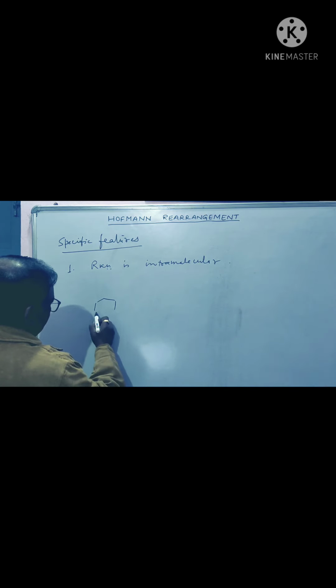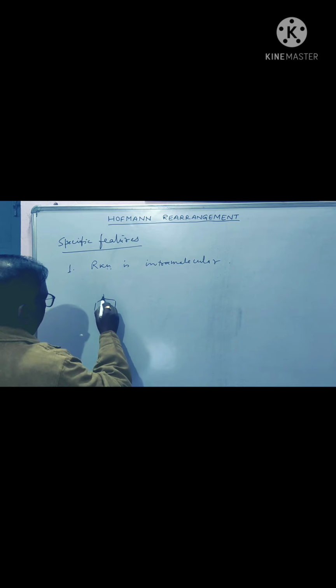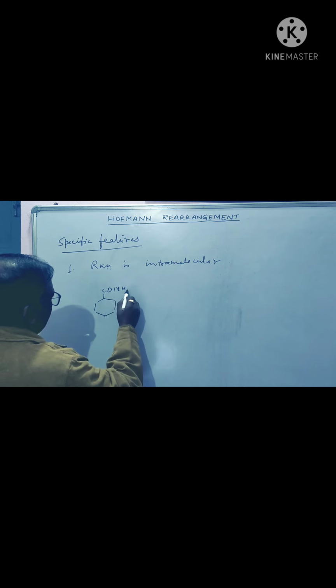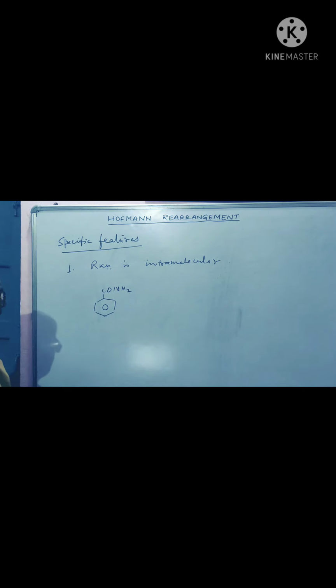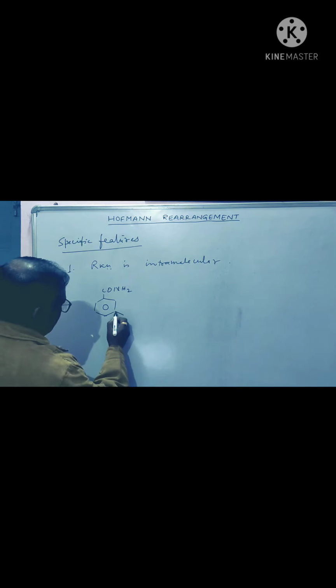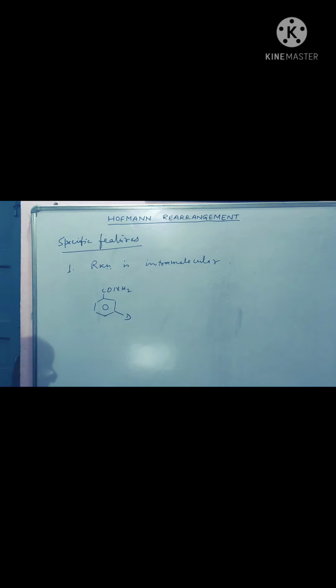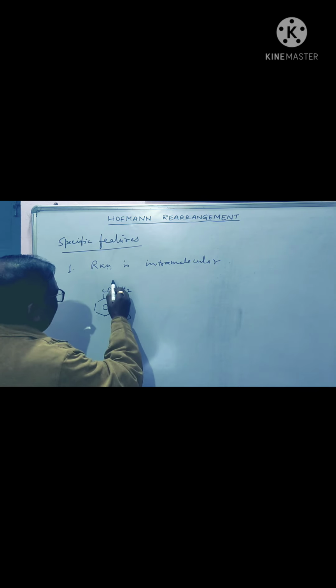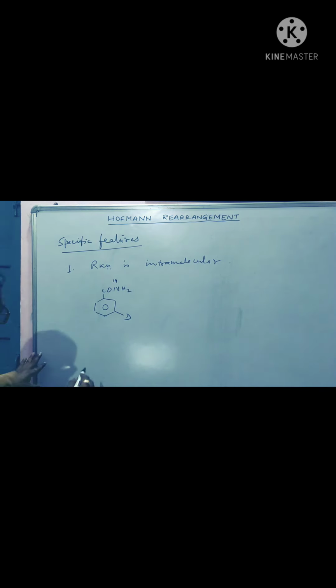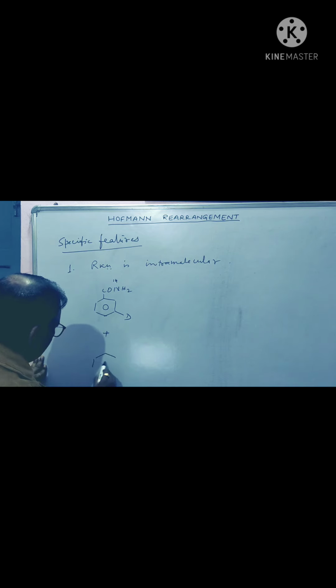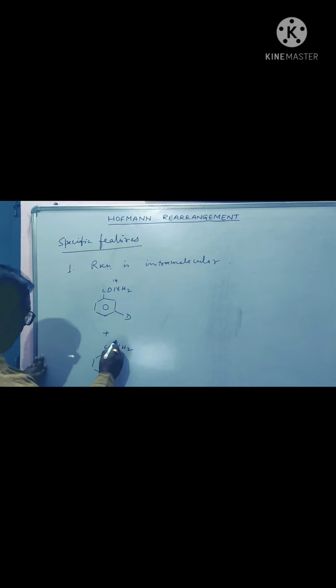Suppose you are taking CONH2. It is amide and it is meta-deuterobenzamide. And suppose this nitrogen is N14, and it is benzamide, also benzamide, but there is no deuterium here, but this nitrogen is N15 isotope.